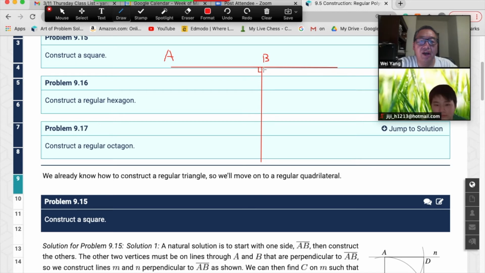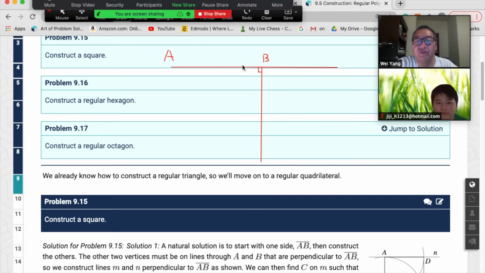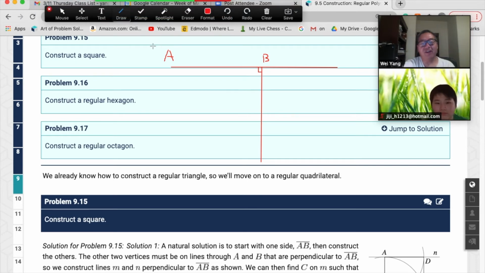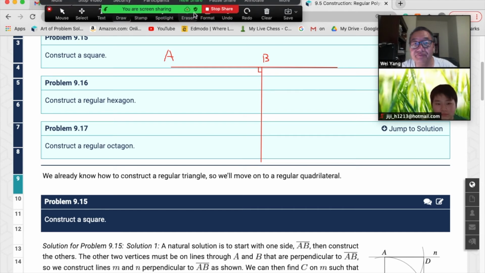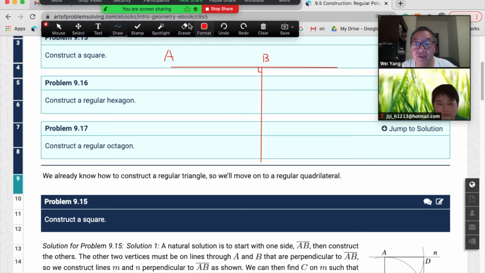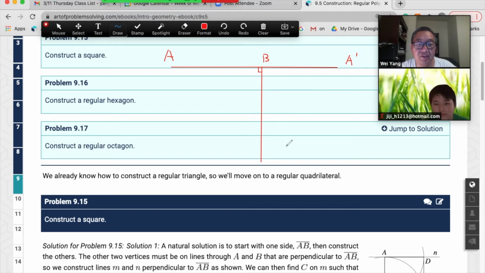Now, how can we find a 45 degree angle? Suppose I mark this one here as A prime and here as C prime.